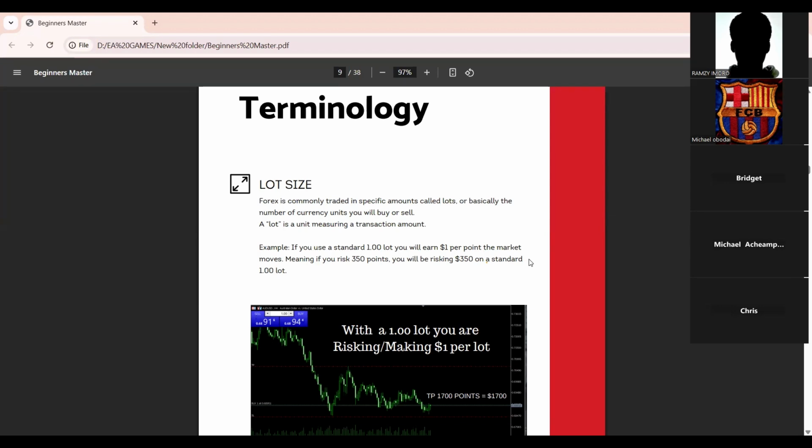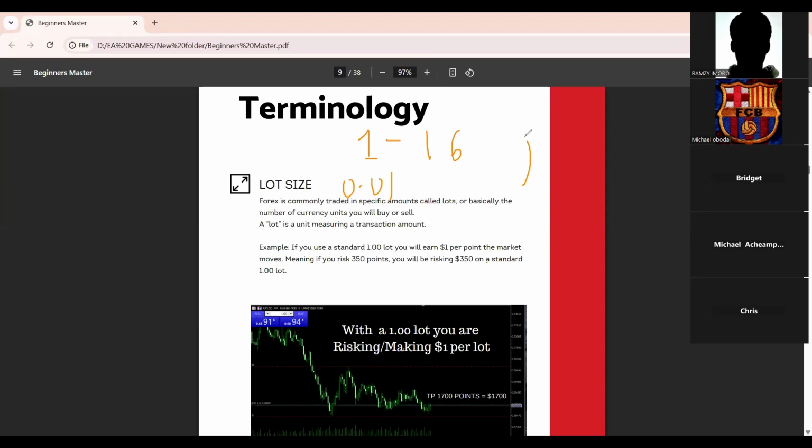So if you are getting on the market and you want to buy something, you are telling the market, okay, if $1 is, let's say, 16 cities, I want to buy 0.01 of that. That's, let's say, the minimum lot, 0.01.